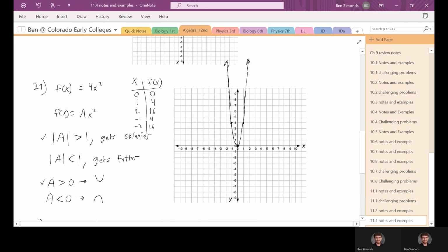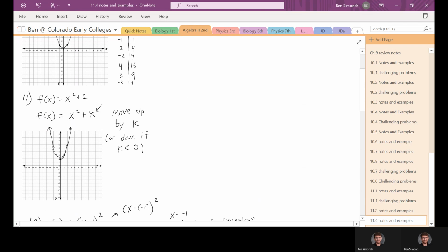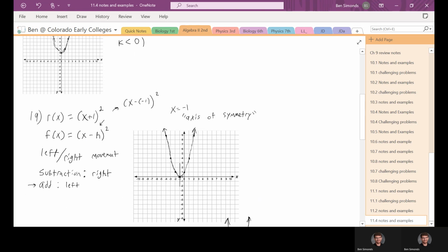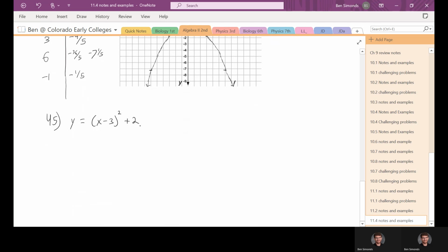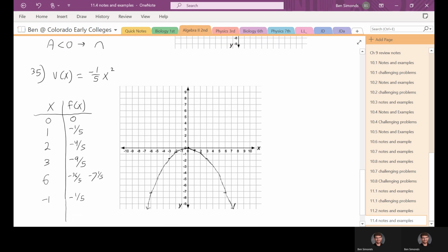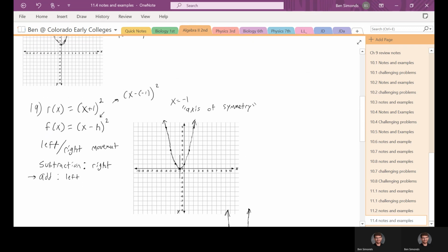So let's revisit these two techniques. First, we've got a k. So if k is positive, we know we're moving up. And actually, just like we did in number 11, we're moving up by 2, right? Because k equals 2. In the case of h, the thing inside the parentheses, we've got x minus 3, so h is 3.